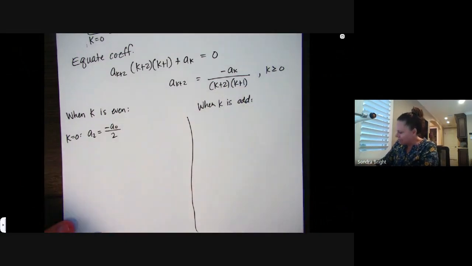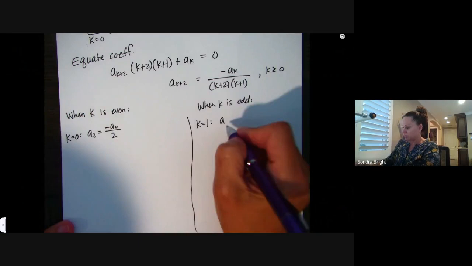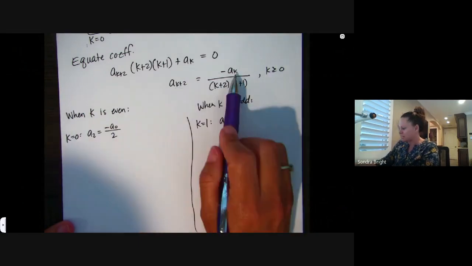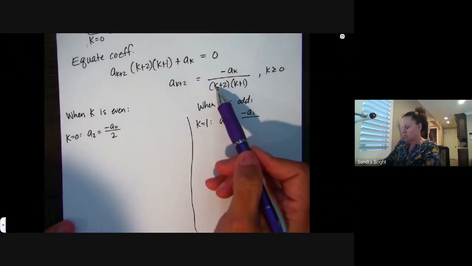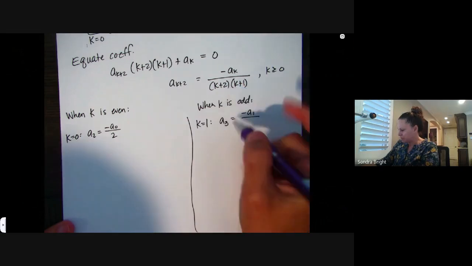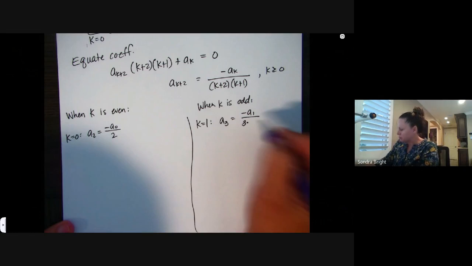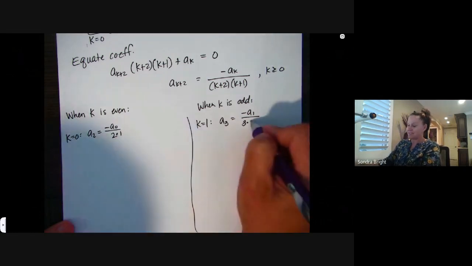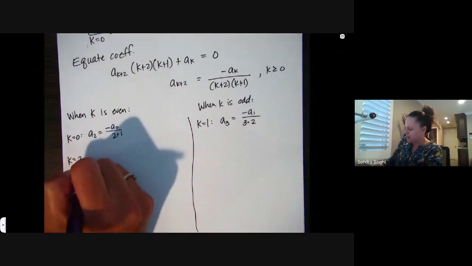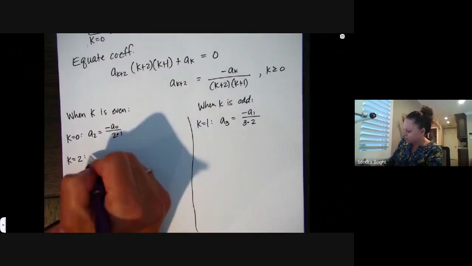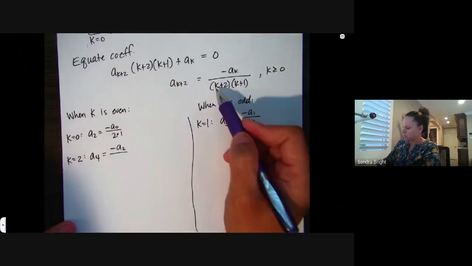When k is 1, you would have a sub 3, so I'm plugging 1s into the k's, equals negative a1 over 1 plus 2 would be 3 times, maybe I should have shown that, 2 times 1, 3 times 2. You're plugging a 1 into each of these k's. Okay. When k is 2, you would have a sub 4 is equal to negative a sub 2 over, plugging in a 2 here would be 4 times 3.